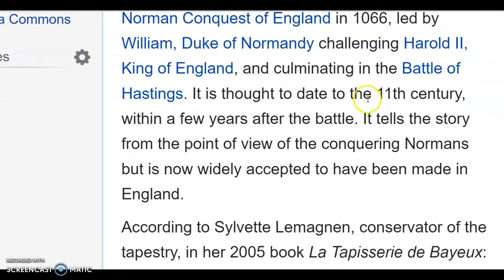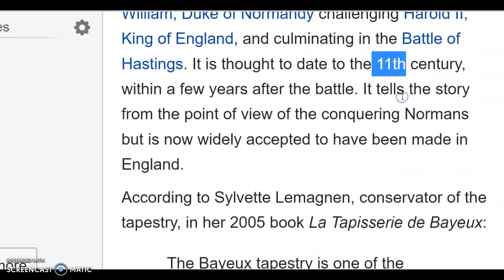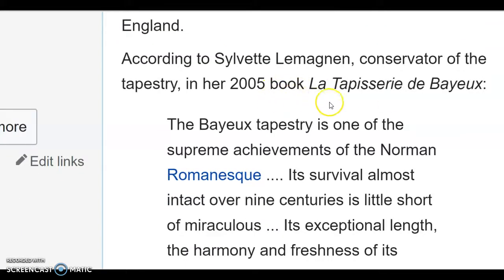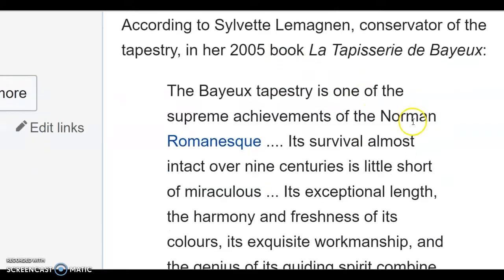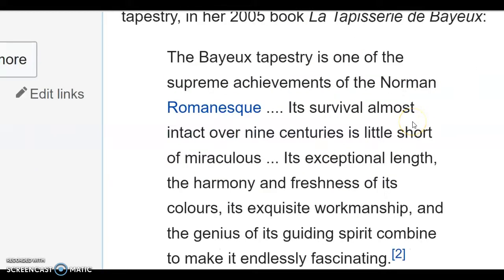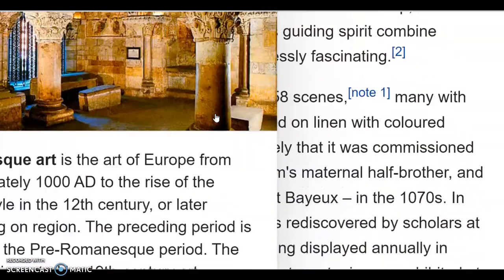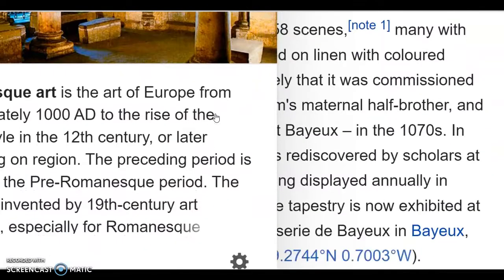The 11th century, the 2 pillars, of course. The 2005 books, really, very Romanesque. The art of Europe, see, Romanesque. Romanesque art is the art of Europe.